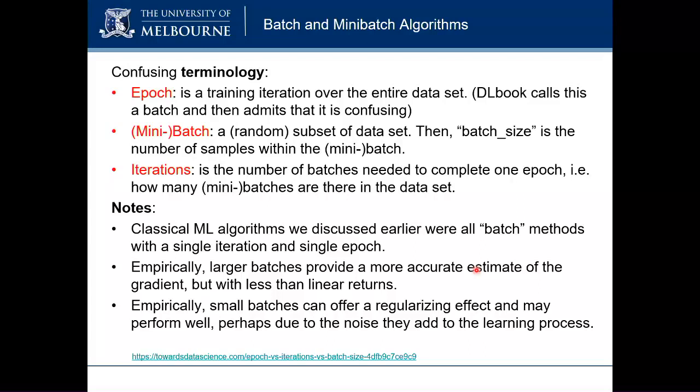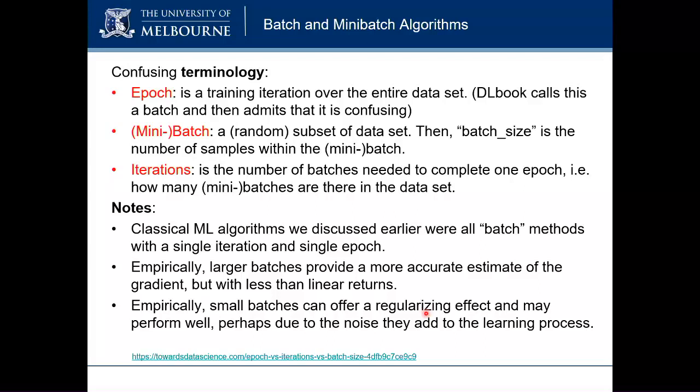So therefore, small batches can be appealing. They are appealing both due to their regularization effect and computational advantage, because they make things go faster. For example, Keras fixes the batch size to 32. That's the default value for Keras batch size. I don't know what TensorFlow does, but 32 is a small number if you think about it.